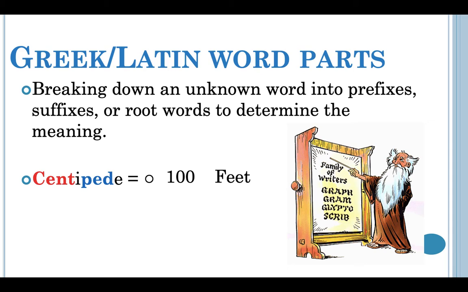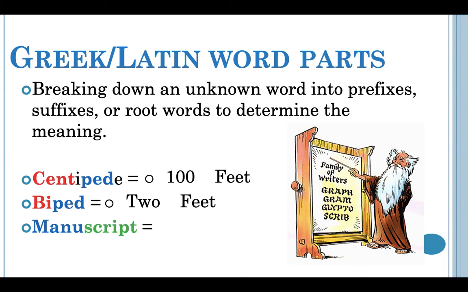Centipede, 100 feet. Biped. Bi means 2 and ped means feet. Biped means walking on 2 feet. Manuscript. Manu is hand and script is write. So a manuscript is to handwrite something.